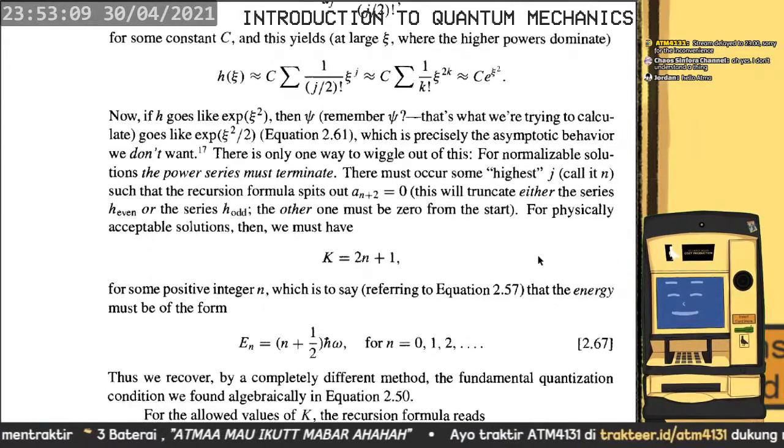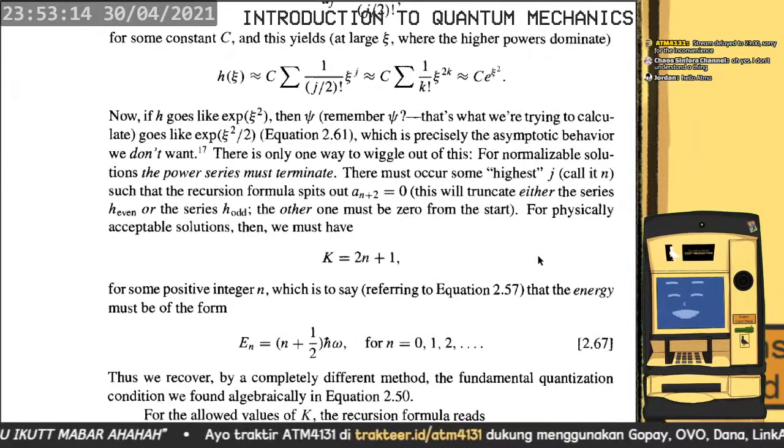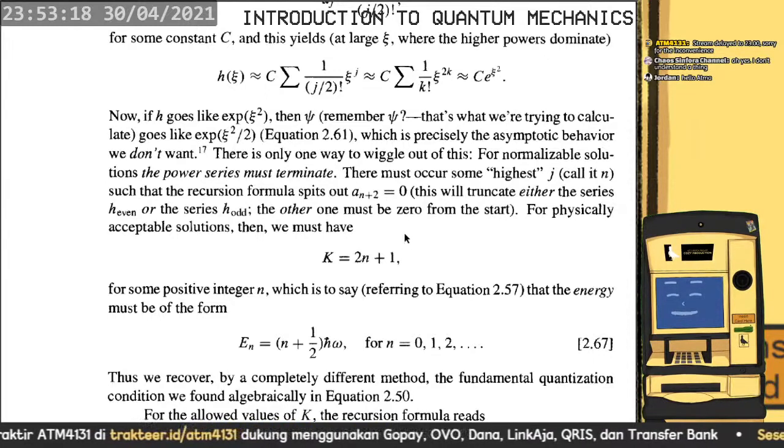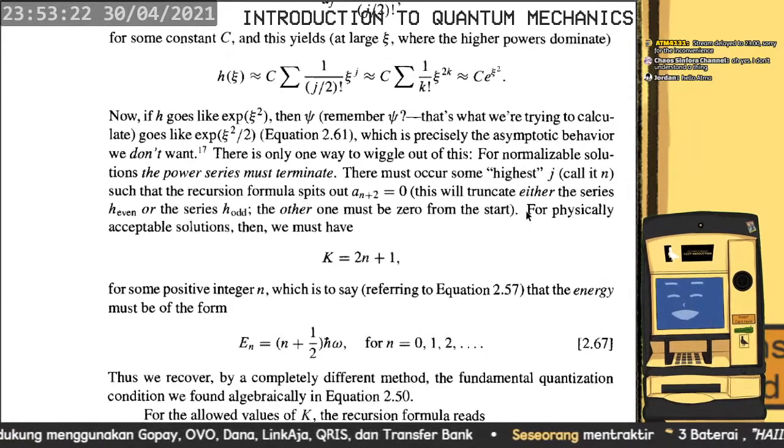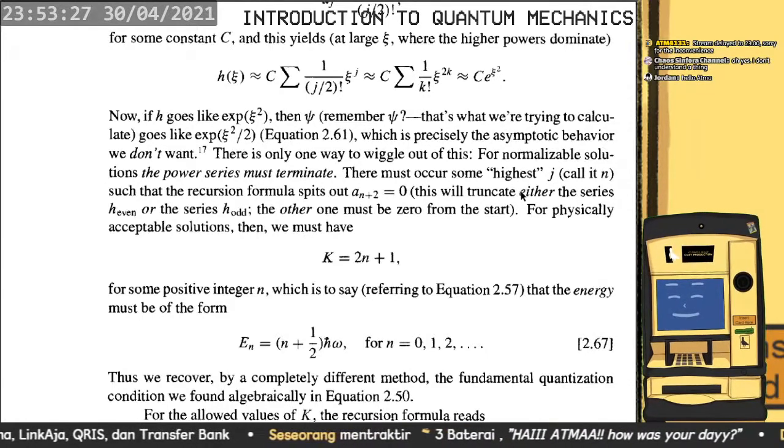For normalizable solutions, the power series must terminate. There must occur some highest j, call it n, such that the recursion formula spits out a n plus 2 equals 0. This will truncate either the series h even or the series h odd. The other one must be 0 from the start.